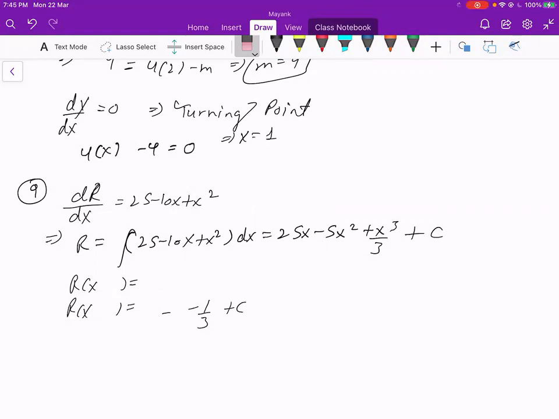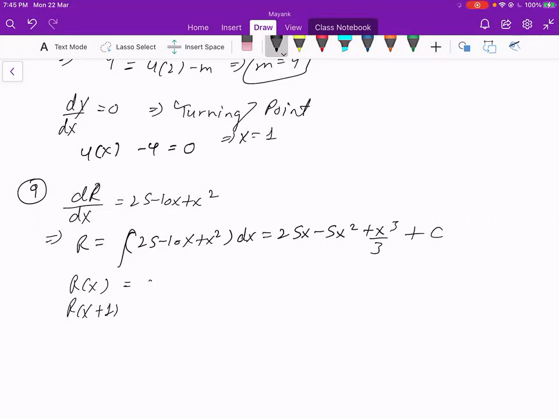So take R(x), the revenue due to x sales, x being the number of units demanded, and also take R(x+1). So what is R(x)?